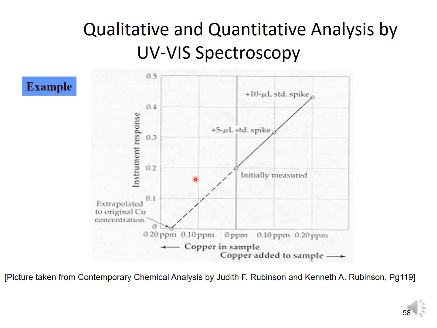Here is one example to determine the copper in your sample, and here you can see they extrapolate it. This is in between 0.1 ppm and 0.2 ppm.